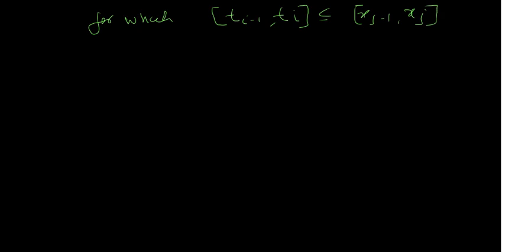Obviously this j varies from 1 to m because we have m subintervals with respect to the partition P1.